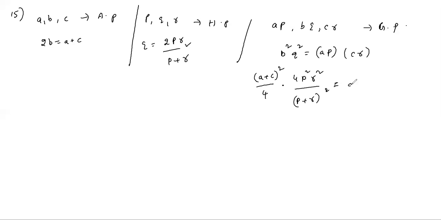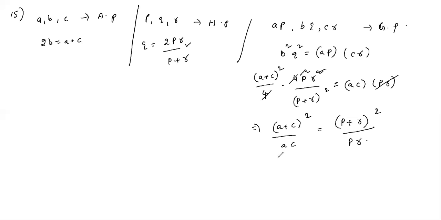Equals AC into PR. 4 will cancel, one PR will cancel. So A plus C whole square by AC equals, by cross multiplication, P plus R whole square by PR. A plus C whole square is A square plus C square plus 2AC by AC, equals P square plus R square plus 2PR by PR.